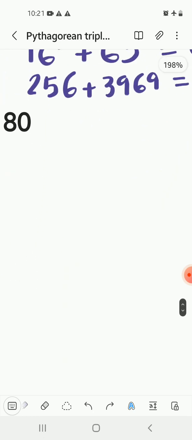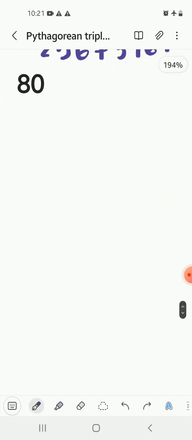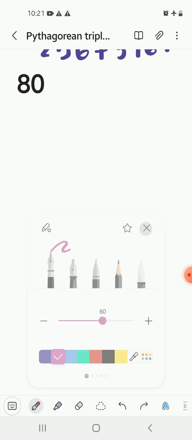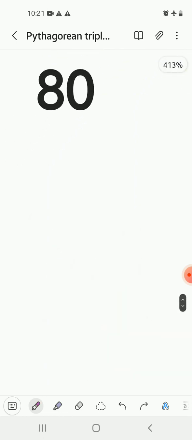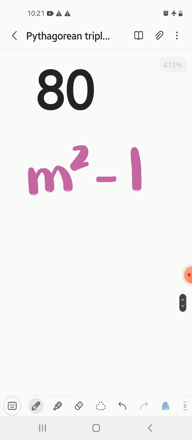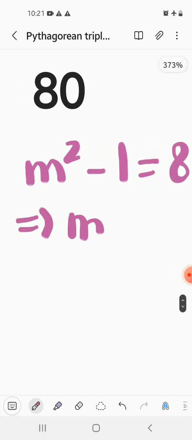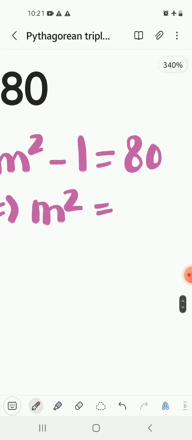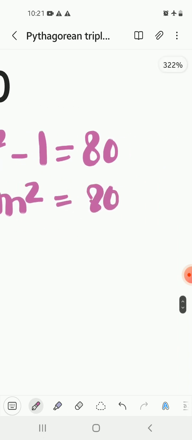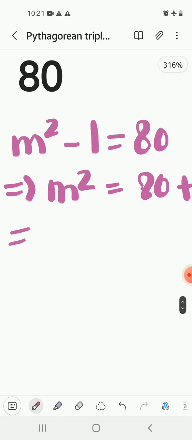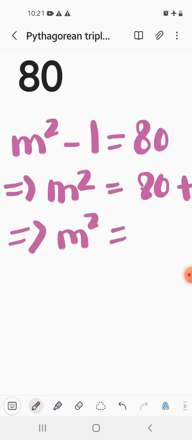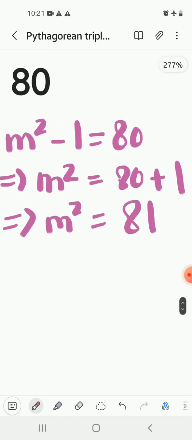The last question that I've got is 80. So similarly, we will assume that m square minus 1 is 80. Therefore, we will move the minus 1 to the other side. So this becomes 80 plus 1. So m square is equal to 81.